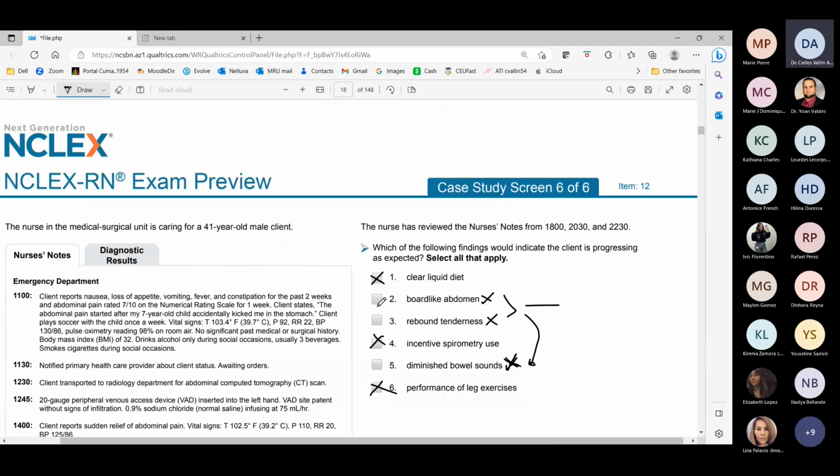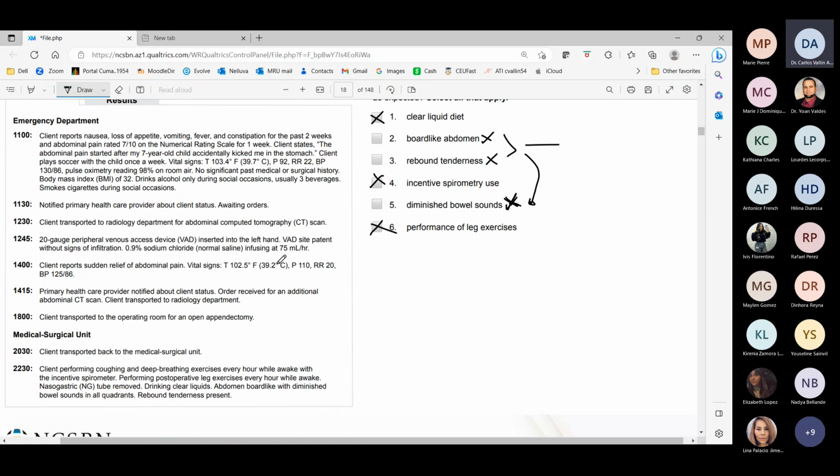So those are the six questions related to this clinical scenario. What do you think about those questions? Do you think they are too difficult, or on the contrary, more logical, more easy? They're more logical, this is my opinion.